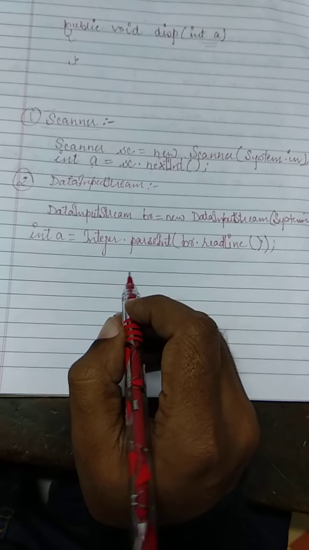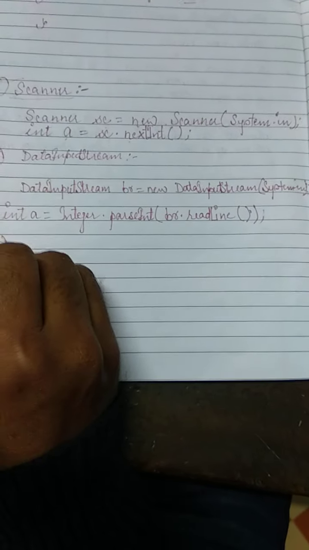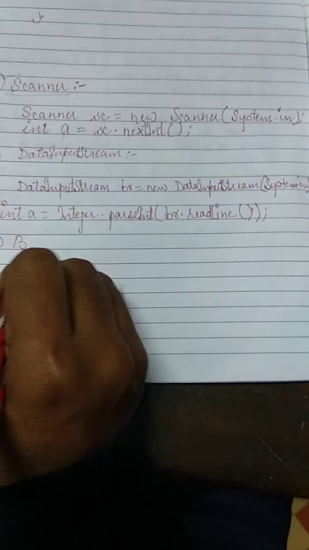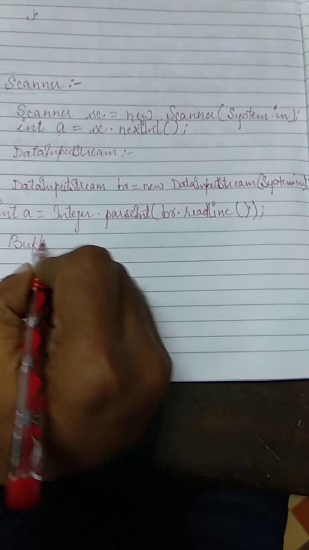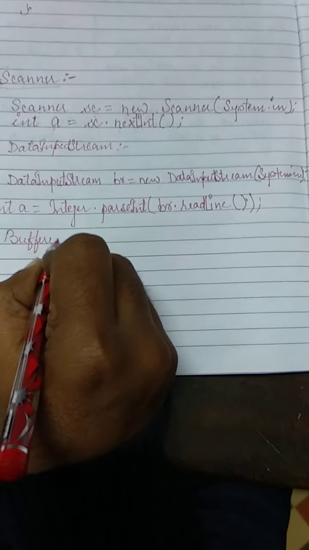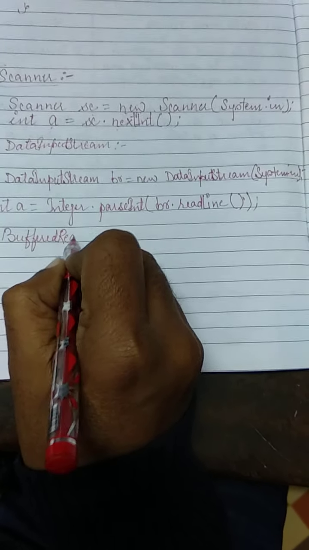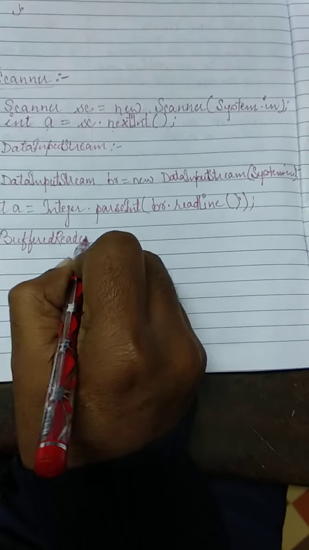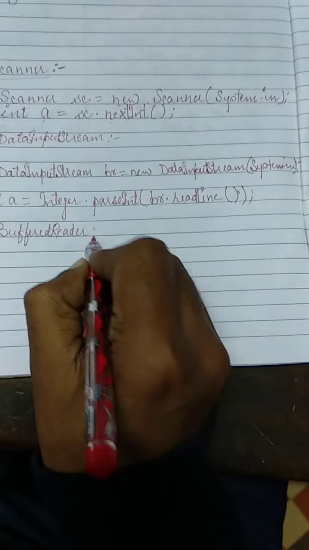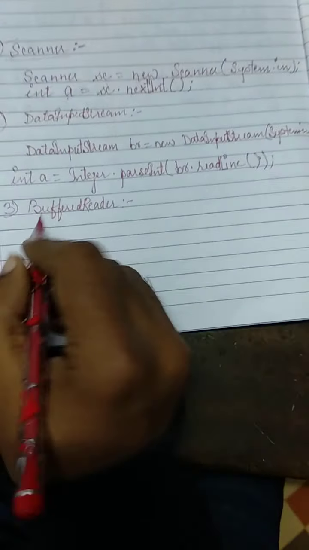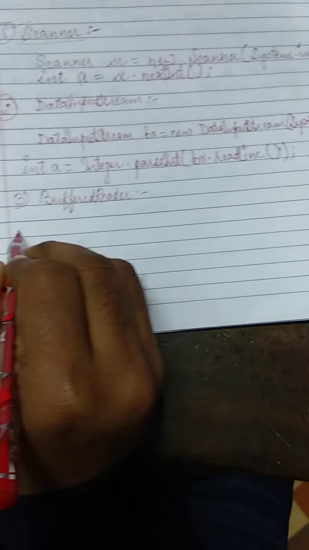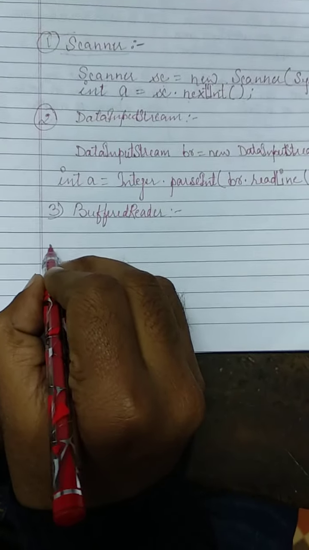There is one more method, the third way, that is the BufferedReader class. BufferedReader, again there is no space. How to take input from this one? Be careful, the syntax is a little bit longer than the previous two.